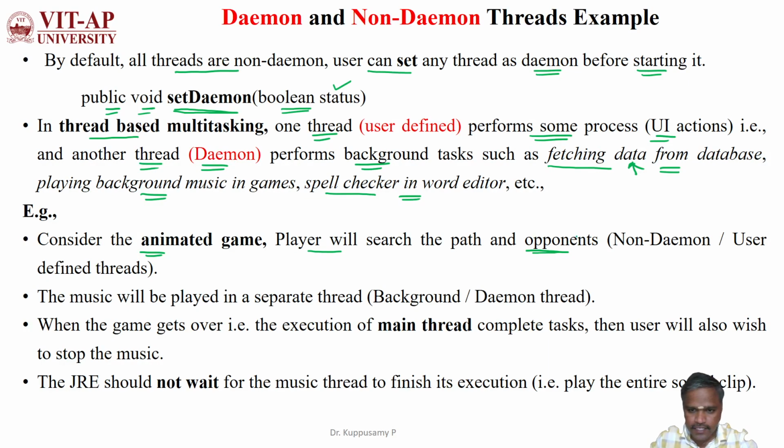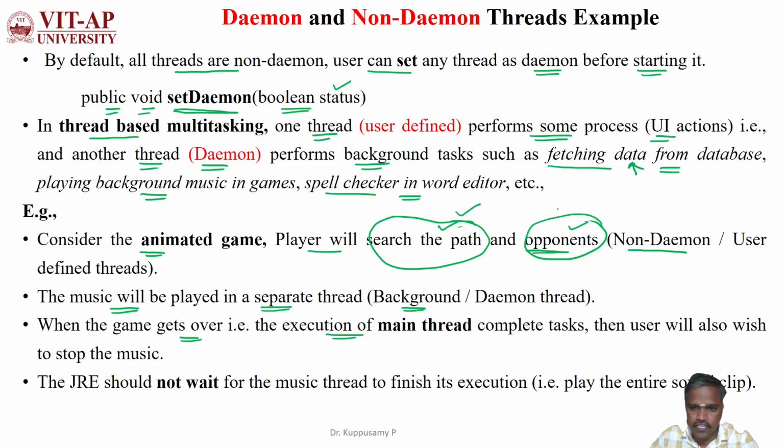So these two processes are considered non-daemon threads or user-defined threads. And when you are playing the game, the background music is played as a separate thread, that is called a background thread or daemon thread. When you complete that game, that is the execution of the main thread. So these two threads, searching the path and searching the opponents, are called main threads.